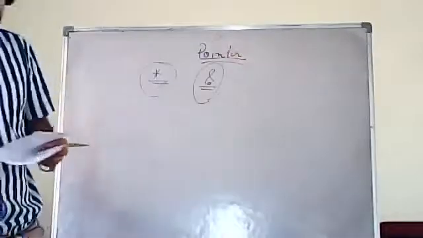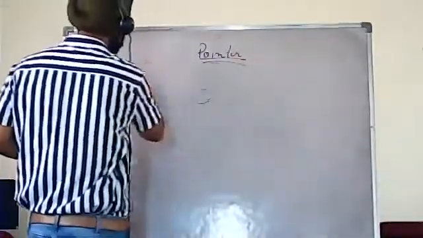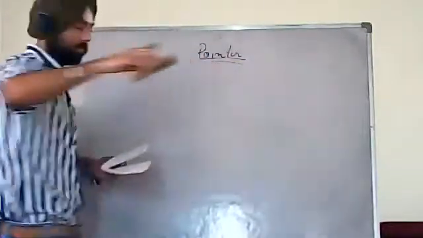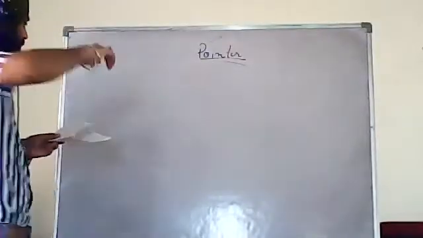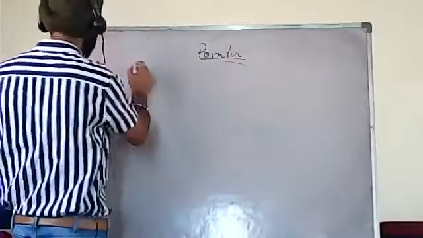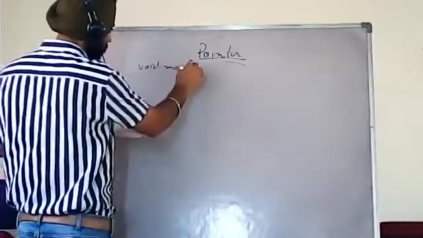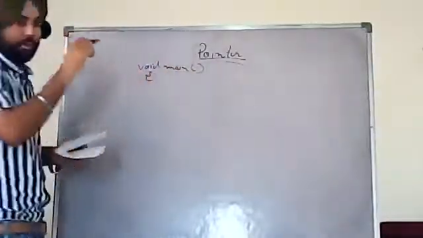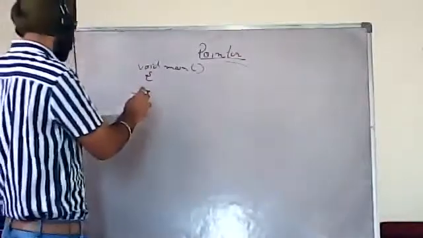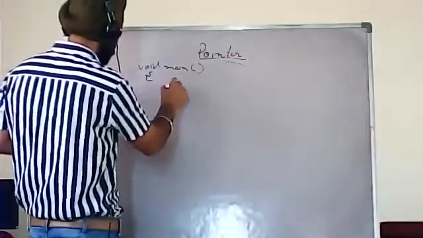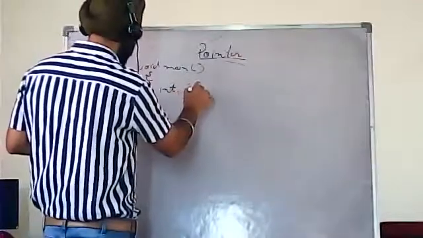So the first program I'm going to explain: suppose we start the program with the help of the main function. After main, we start our compound statement. First we have to declare the pointer.